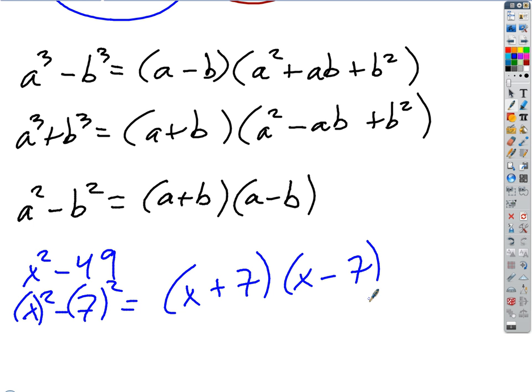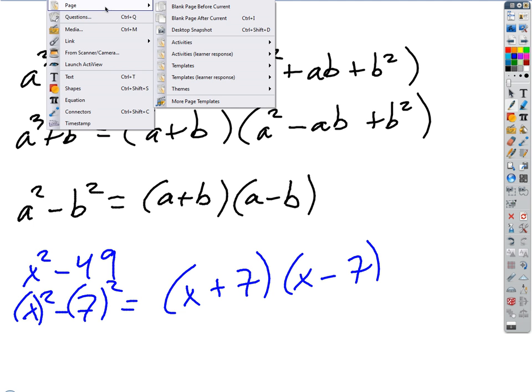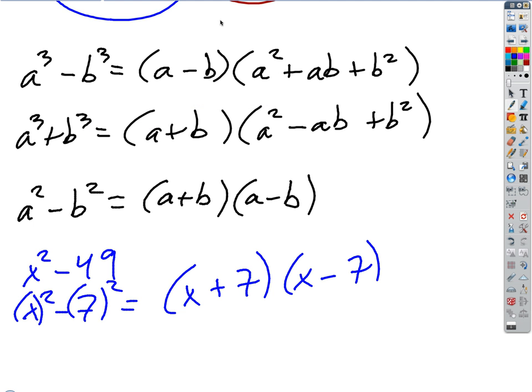See how that works? Let's practice some more. Try this one. Which pattern, if any, could that one fit of our three patterns?